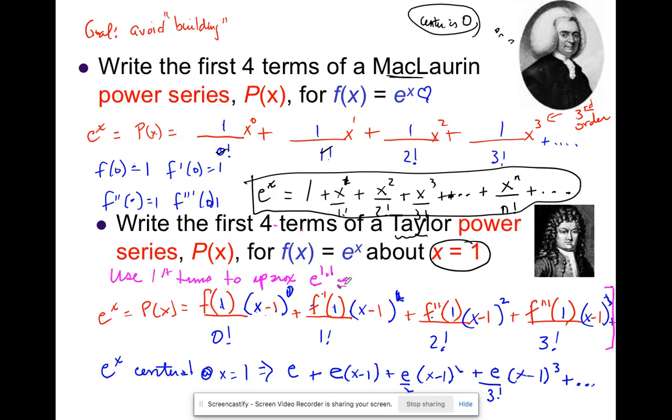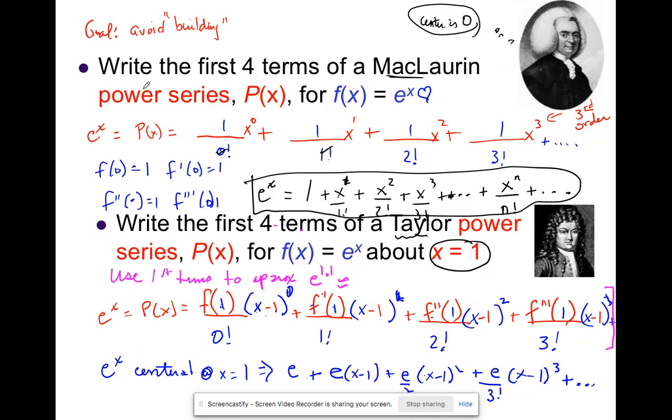So e to the 1.1 is approximately e plus e times 0.1 plus e divided by 2 times 1.1 minus 1 squared, yada, yada, yada. Do that calculation just for the heck of it. And then on your calculator, do e to the 1.1 and see how close it is. It's going to be freaking close, right? That's what your calculator has in its memory bank. It's not trying to approximate, right? It's just plugging numbers into a polynomial, and it can do it really quickly, right? Crazy.